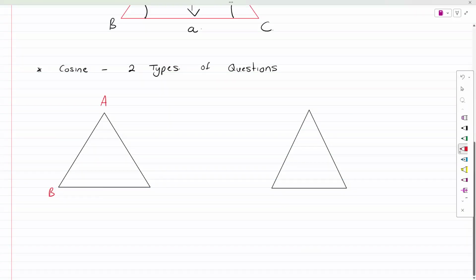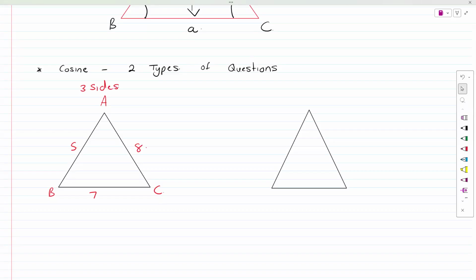Let's call this 8, let's call this 7, and let's call this 5. So this is three sides. Cosine works when we have three sides.